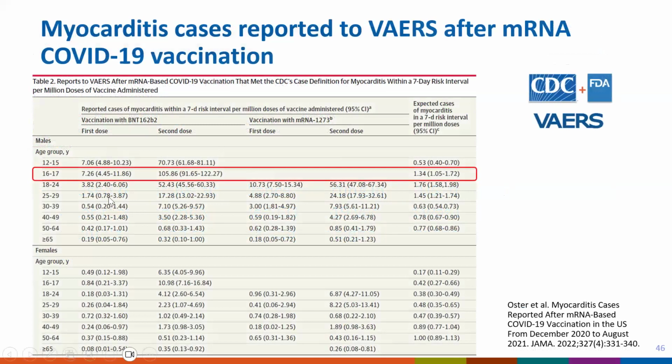And this is a table from that paper of the VAERS data. The signal was greatest in males 16 to 17 years of age, with 1.3 excess cases of myocarditis in a 7-day risk interval following vaccination.